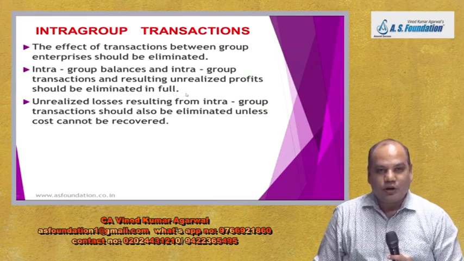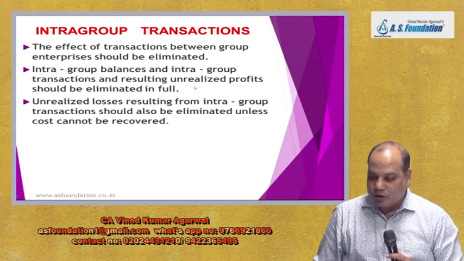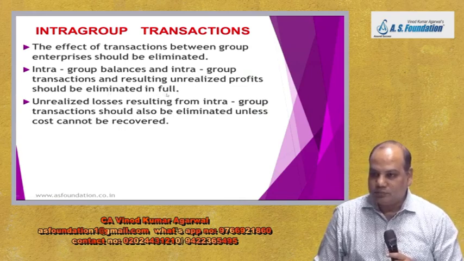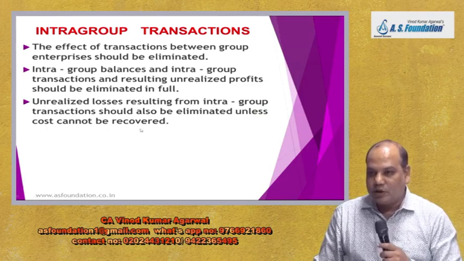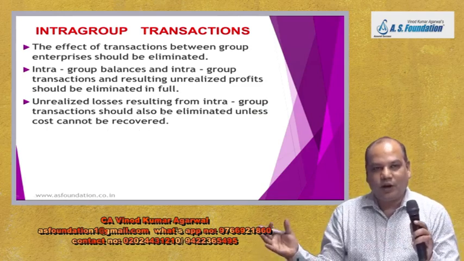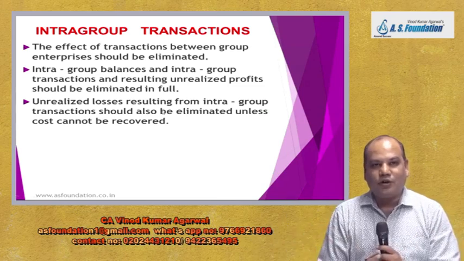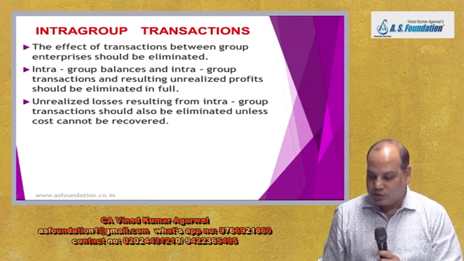In the consolidated financial statement, unrealized profit will be eliminated in full. Unrealized loss will also be eliminated unless the cost cannot be recovered. That means if the value of the asset itself has gone down, then we don't need to reverse the loss.